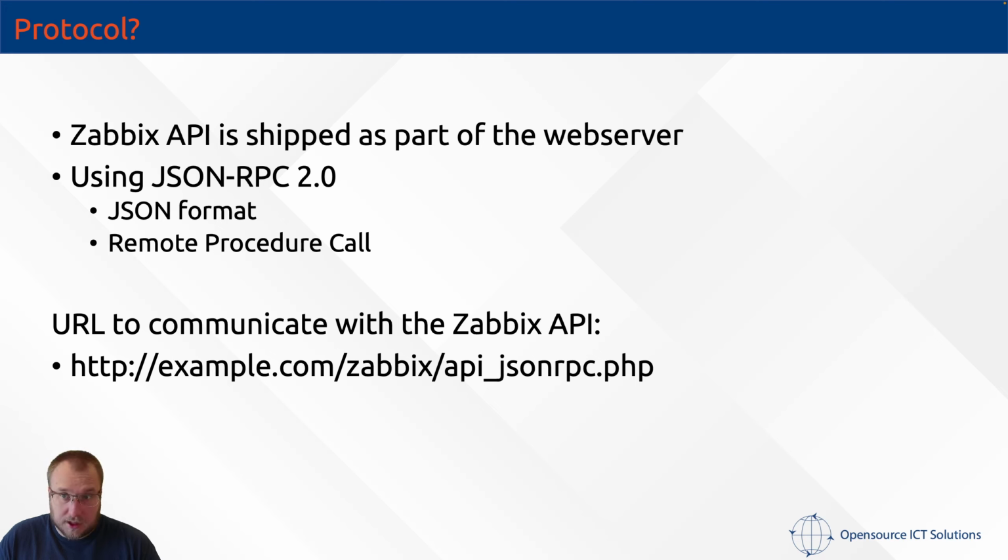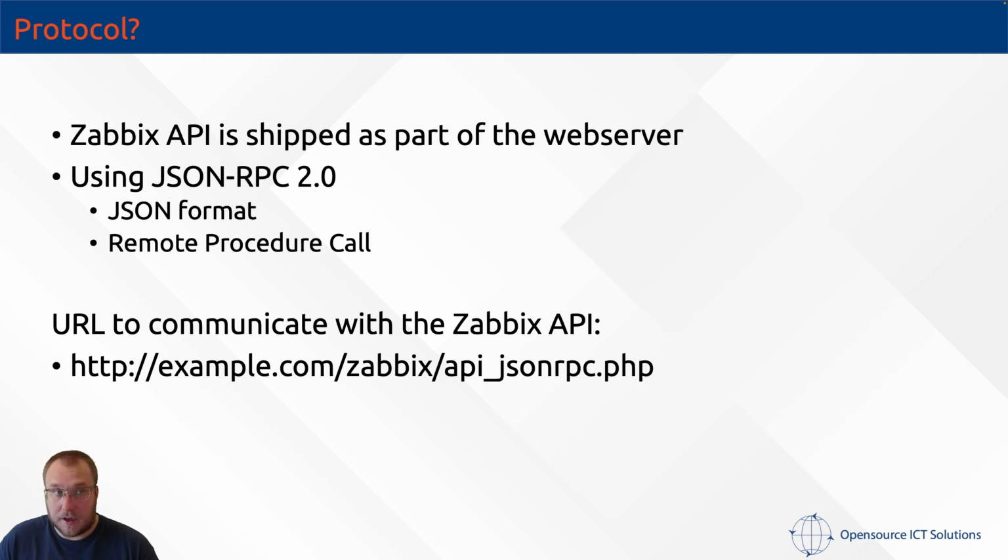So it is using a JSON format in the RPC remote procedure call. In order to communicate, to talk to the Zabbix API, you open a query to whatever URL or IP address /zabbix/api_jsonrpc.php. And from there you start pushing in, well, all different API calls that you would like to do.